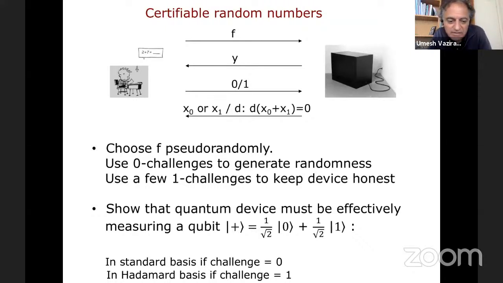Okay, and the idea behind this protocol is that we want to show that effectively the quantum device must be measuring a qubit in the plus state.